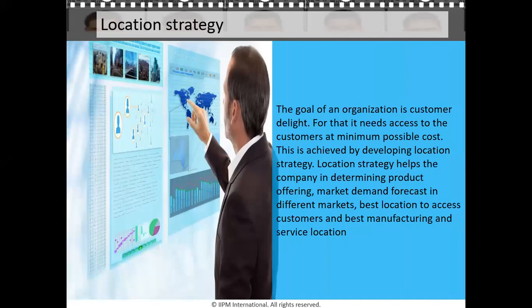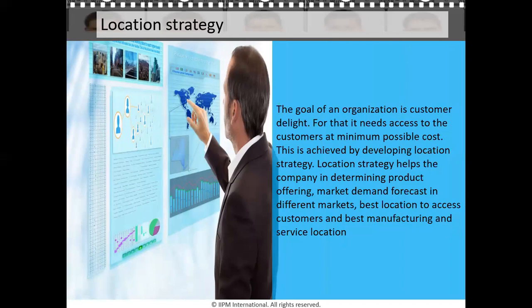Location strategy. The goal of an organization is customer delight or customer experience. For that, it needs access to customers at minimum possible cost. This is achieved by developing a location strategy.